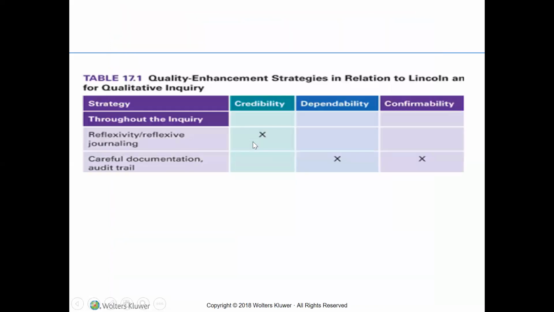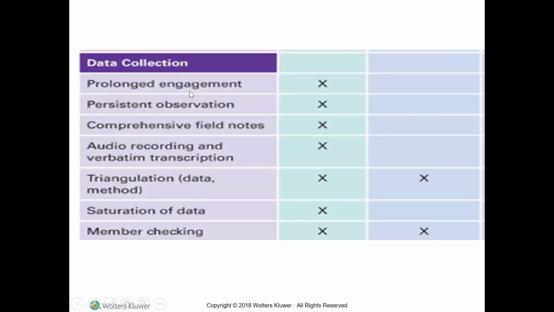I've broken each one down. I don't have them all the way across, but you can see these kinds of strategies that qualitative researchers use in order to increase those 5 characteristics that lend themselves to us trusting the truth claims of a qualitative study.